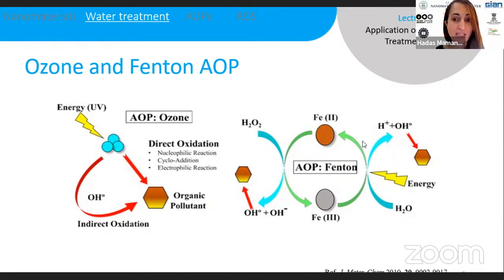And that way the process can continue in a recycled way, through the regeneration back of Fe2+.